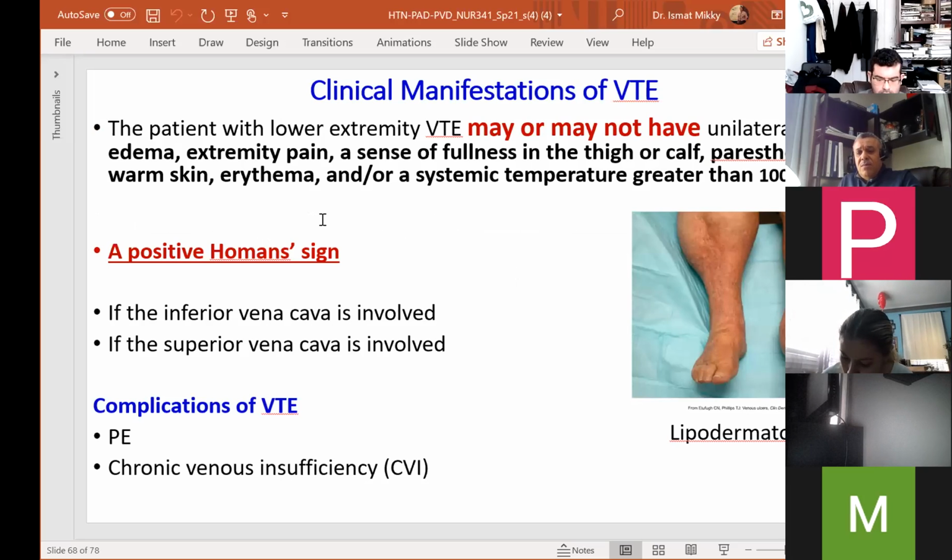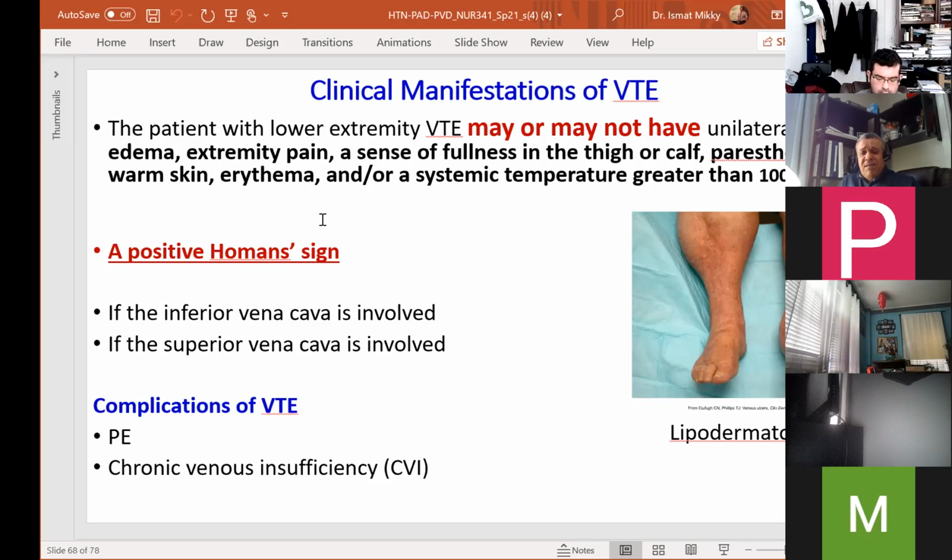Now, lower extremity VTE may or may not have edema. Now the Homans sign, because we always hear about Homans sign in DVT, and the positive Homans sign is pain on forced dorsiflexion of the foot when the leg is raised.